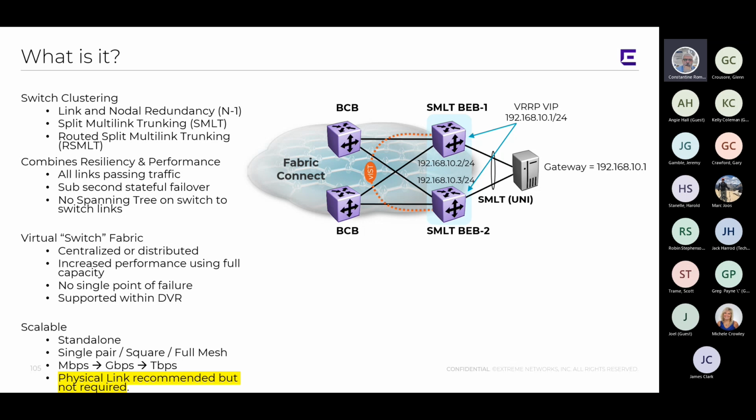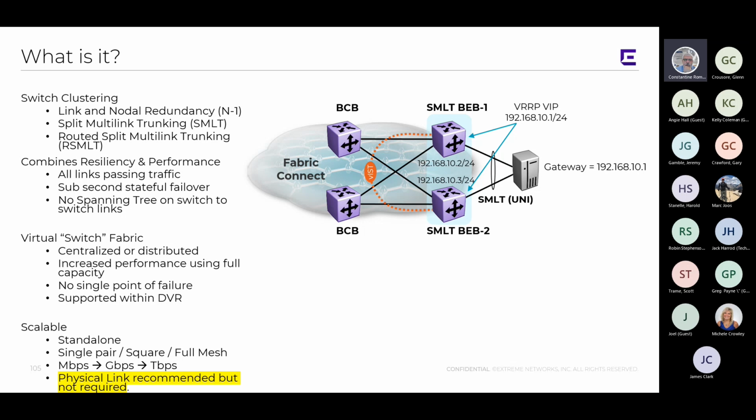So they're not showing, in this diagram, a direct link between BEB1 and BEB2. Normally there would be, but the great thing is that if that direct link were for some reason to break, that virtual IST, because it runs over SPB, would simply get rerouted through the fabric network to make the connection between the two switches, and it would happen in near real time.